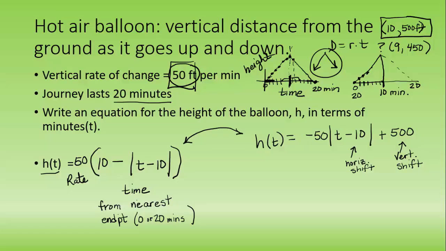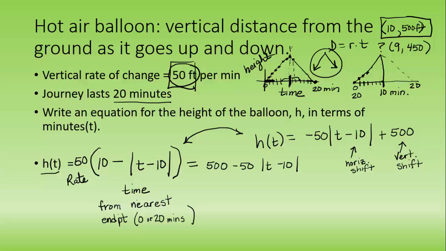So now I'm going to use some algebra to prove that one of them is actually the same as the other. Let's start with the first equation and see if we can do some simplifying. Okay, if I multiply the 50 into those parentheses, I get 500 minus 50 times t minus 10.